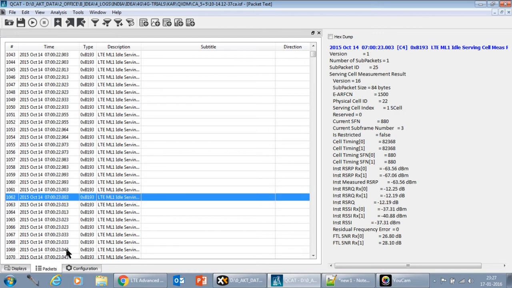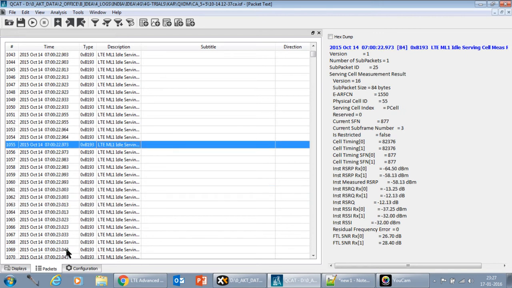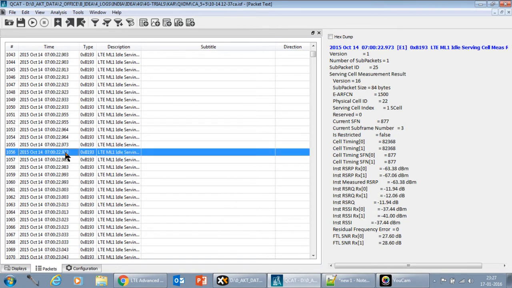There it is. Okay, so I'll explain one such instance. Serving cell P cell 55, 1550. You can see the various attributes of this channel, and at the same time the second one was one SCell, because you remember in the RRC reconfiguration message we saw one SCell which was configured, and these are the characteristics of that SCell.